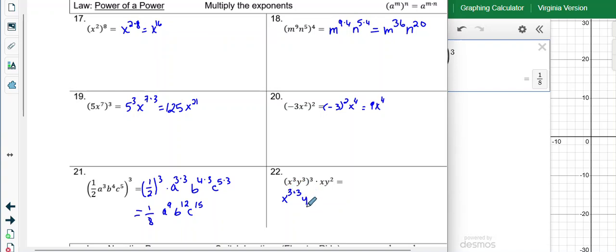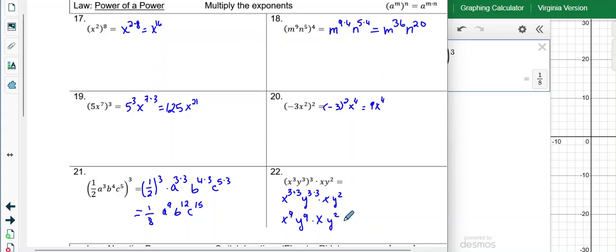And then you have y to the power of 3 times 3 again. And then I'll just bring these down for now and then put everything together in just a little bit. And then this is going to be x to the 9th power, and then y to the 9th power. And then you have x and then y squared.